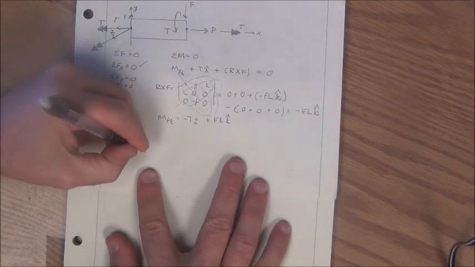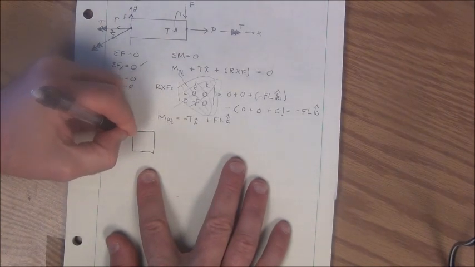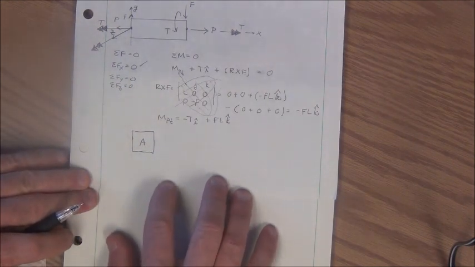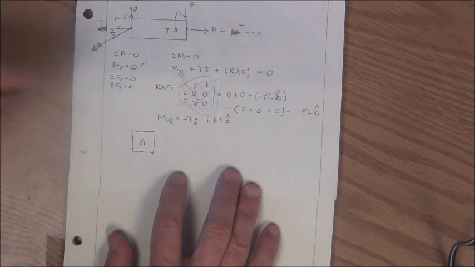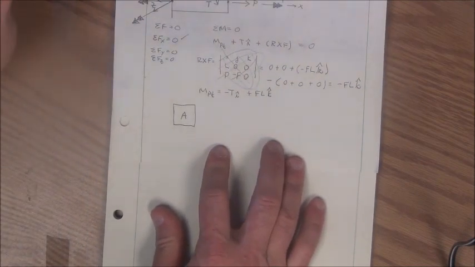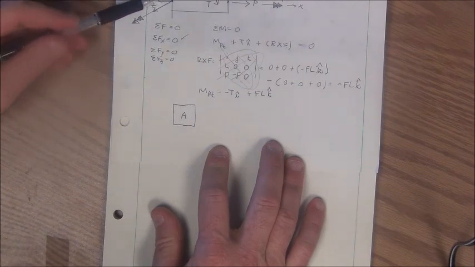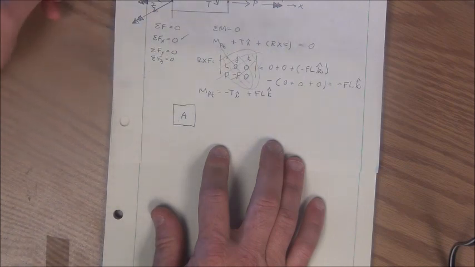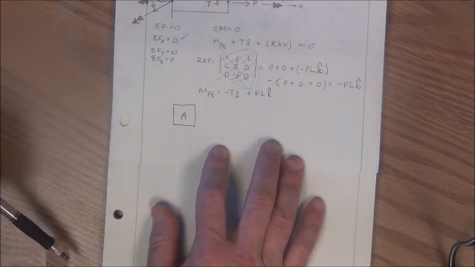I'll draw element A as a 2D stress element because this system happens to be in plane stress. Now I simply look at my reaction loads, my forces and moments, and ask myself, what does each force and what does each moment do to element A? And here are my four choices of what that particular load can do.